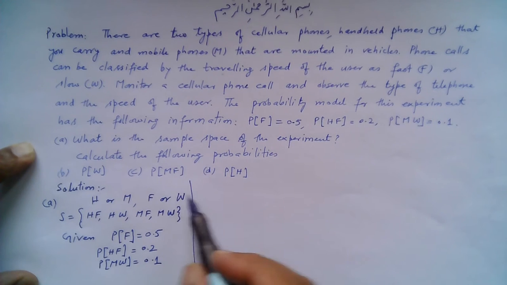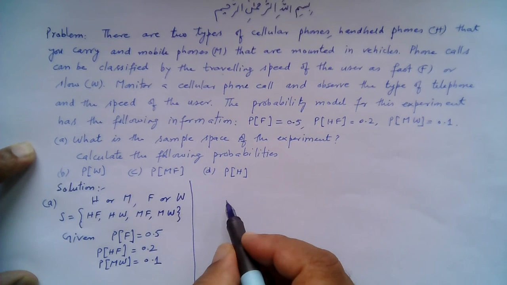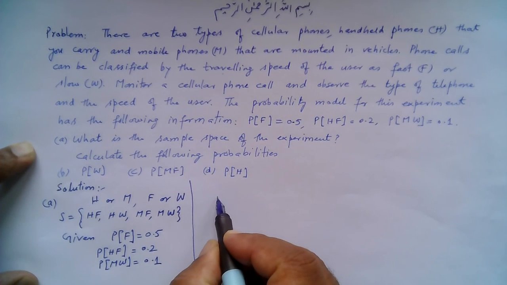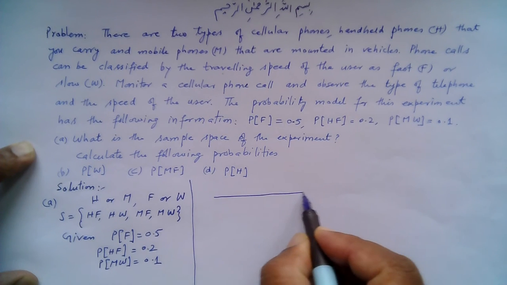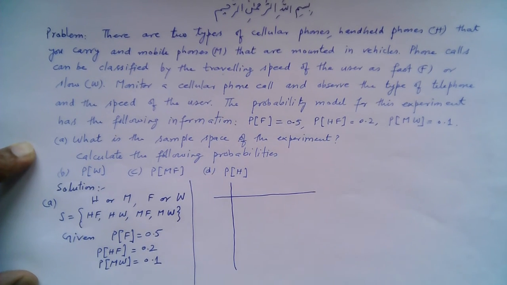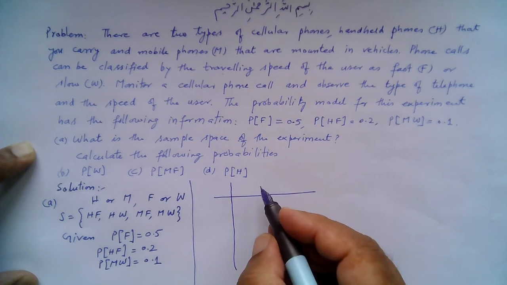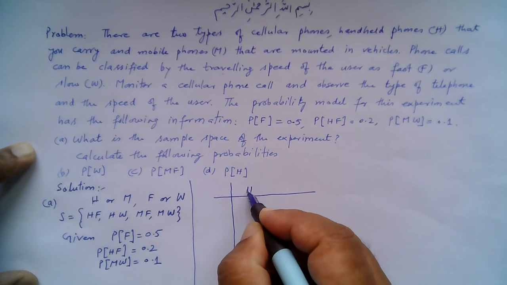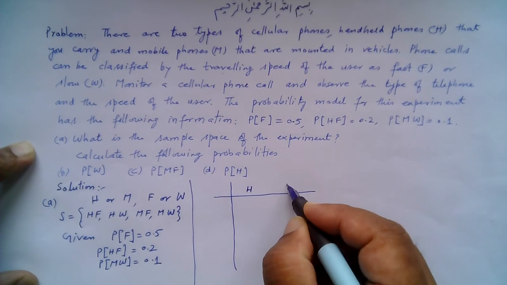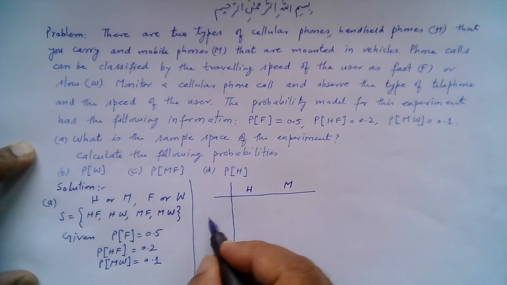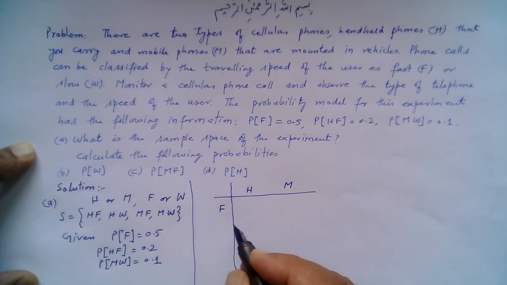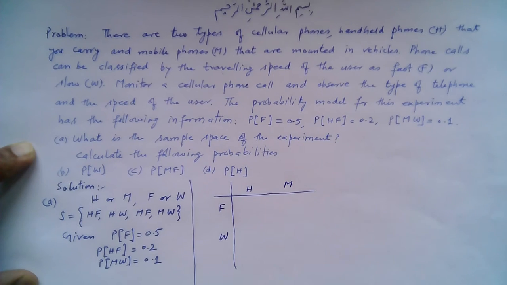So what we can do is we can quickly build a table like this, right? So phone can be handheld, and it can be mobile. User can be fast, or it can be slow.